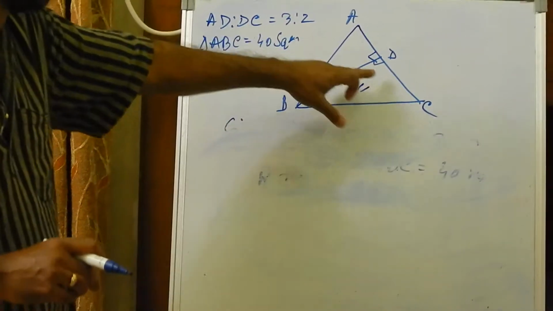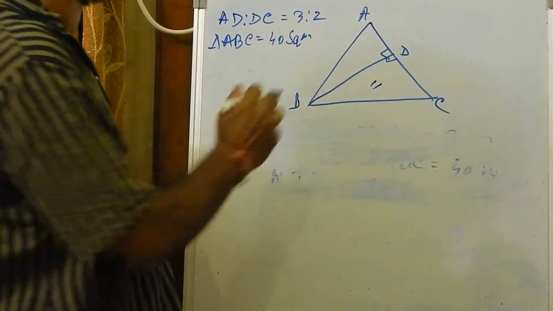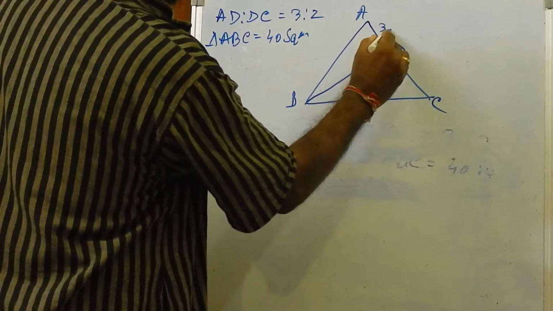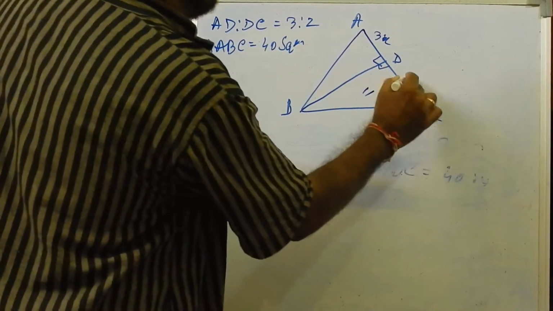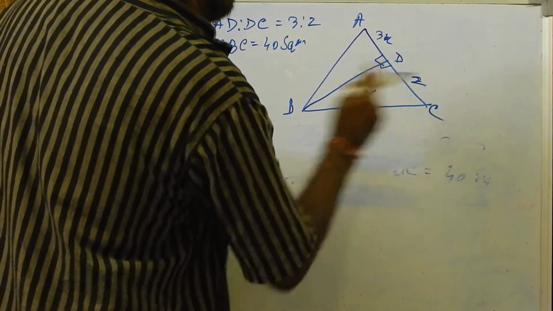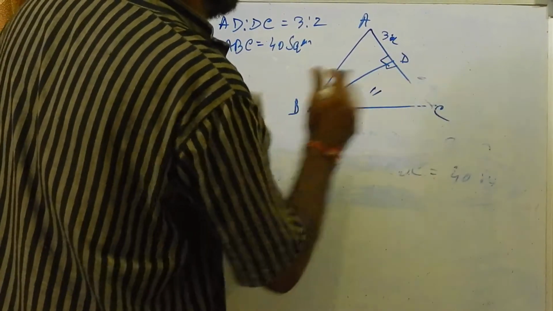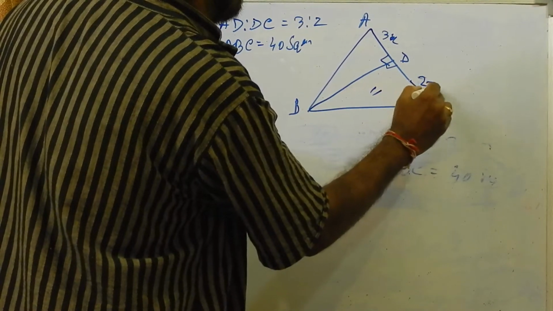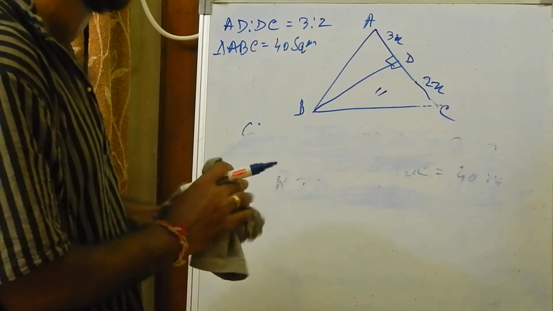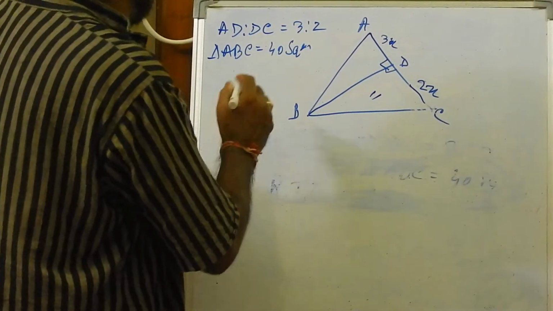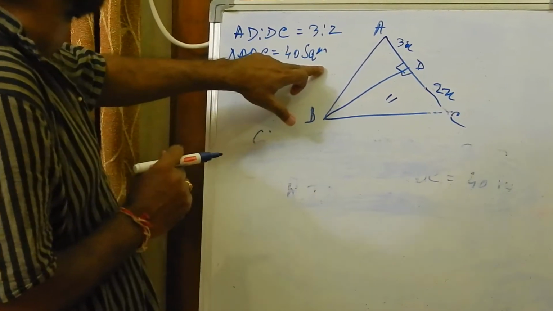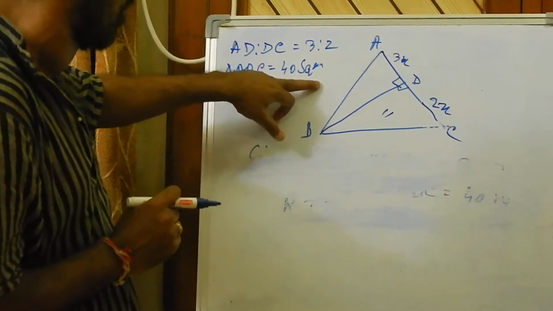Now AD is to DC is given 3 is to 2, so we can take AD as 3x centimeter and DC as 2x centimeter. So now the triangle ABC's area is given as 40 square centimeter.